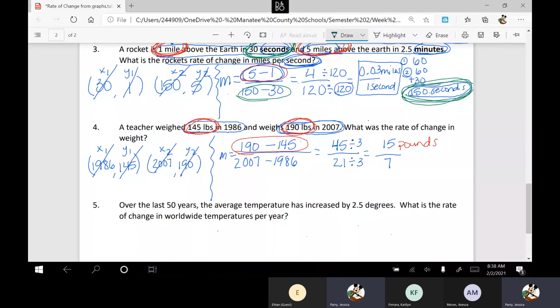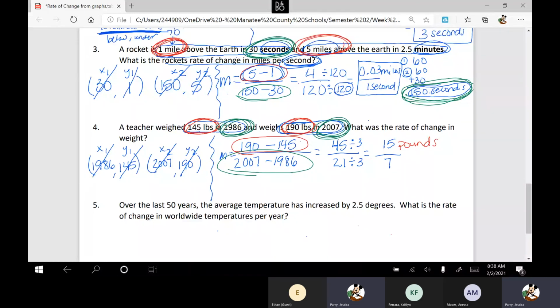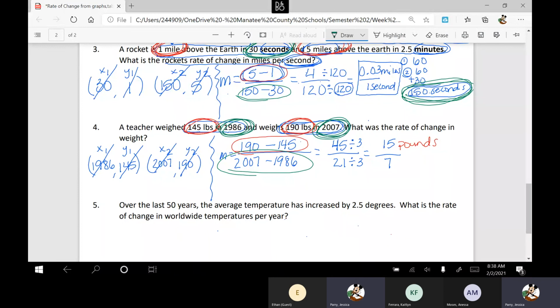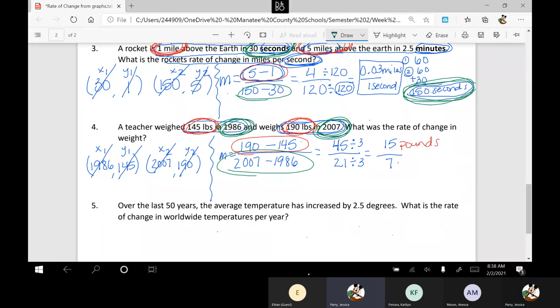We have the 2007 and the 1986. Okay, so there's no words here. So I'm going to help you guys out with this one. What the 2007 and the 1986 are representing is the year of when she weighed those weights. So on bottom, we're going to write 7 years.